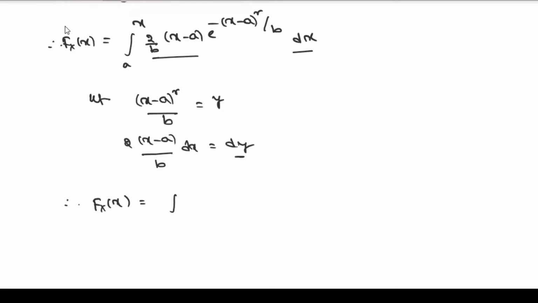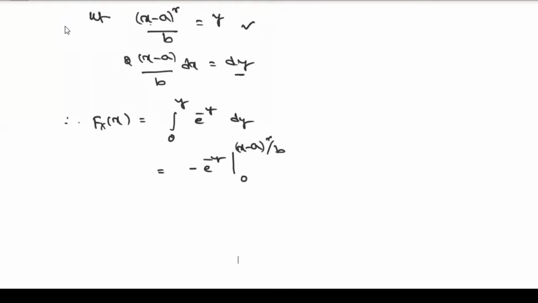If you substitute x equal to a, then the limit starts from 0, and the upper limit is y. So from this expression we get the integral from 0 to y of e^(-y) dy. Integrating, this is going to be -e^(-y) evaluated from 0 to y, where y is replaced by (x - a)^2 / b. After simplification you get 1 - e^(-(x - a)^2 / b). So this is F_X(x).